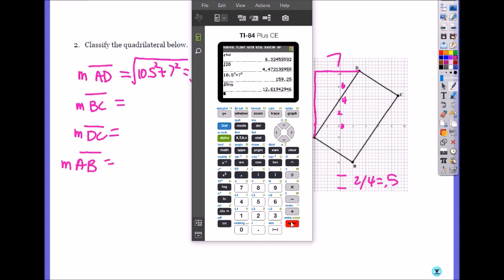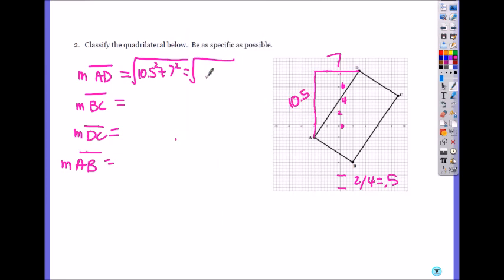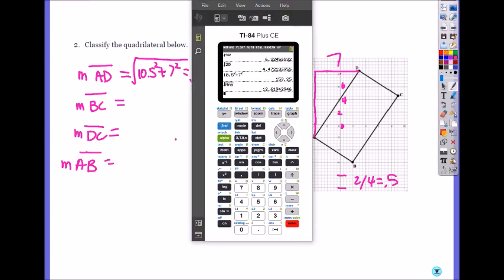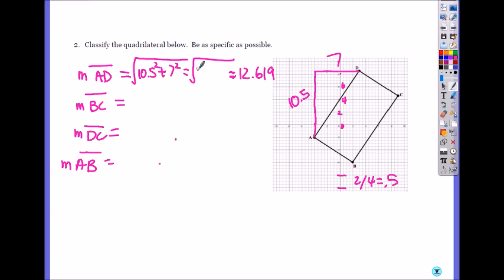So square root of that is 12.619. 12.619, and it's rounded, and it was 159.25. What about BC? BC, this one. It is 246.5.